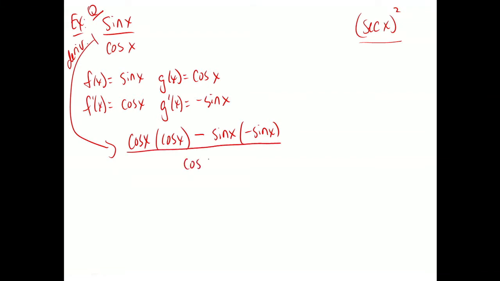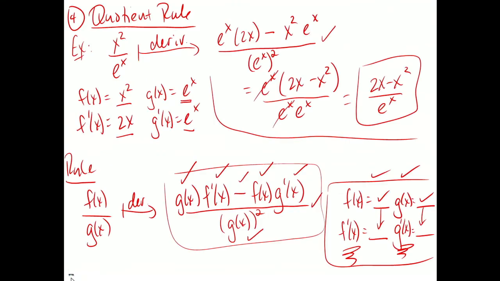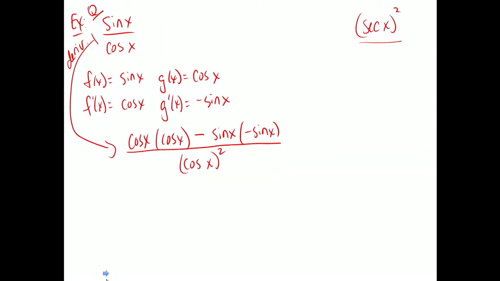So that's cosine squared. Okay, so that's just the straight up quotient rule from all my checks down here. I just did all those things again. All right, so that's that filled in.